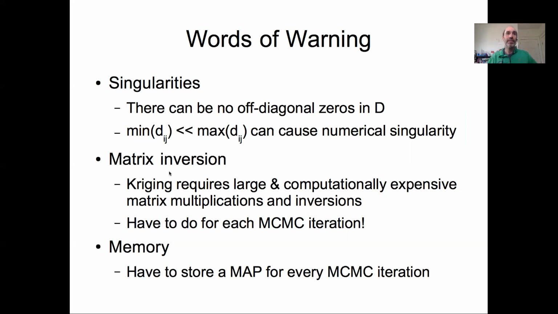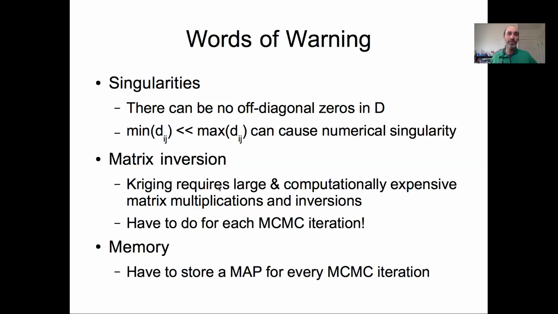The other thing to remember is that when we do this spatial modeling, we have to have this covariance matrix, and as you look back at the math, we're taking the inverse of that spatial covariance matrix a lot, and so any sort of kriging requires large and computationally expensive matrix multiplications and matrix inversions.